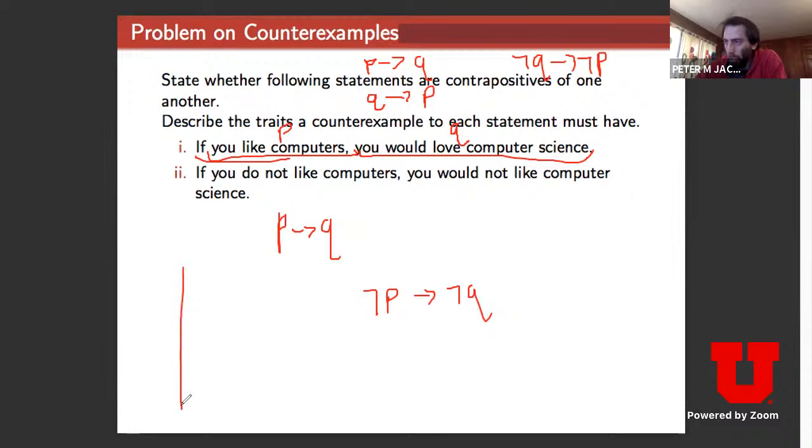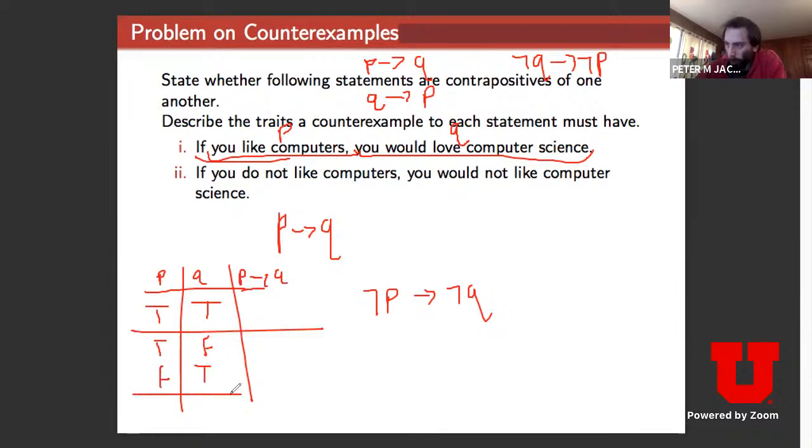Because remember, in the truth table for an implication, P implies Q, we have true, true; true, false; false, true; and false, false. So an implication is only false when the hypothesis is true and the conclusion is false. That is the only time it's false.